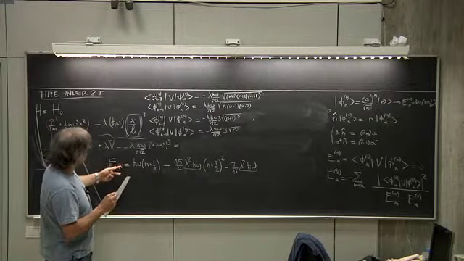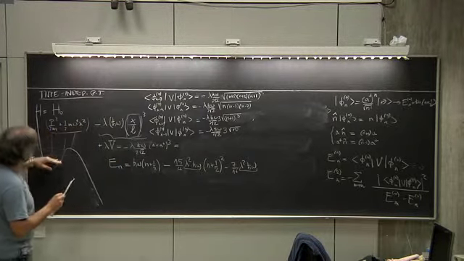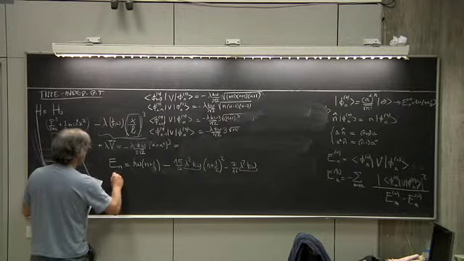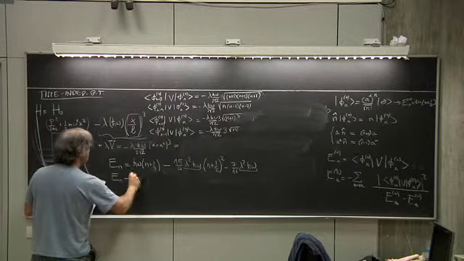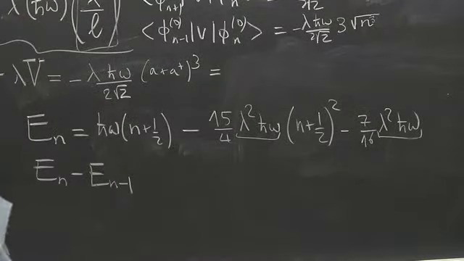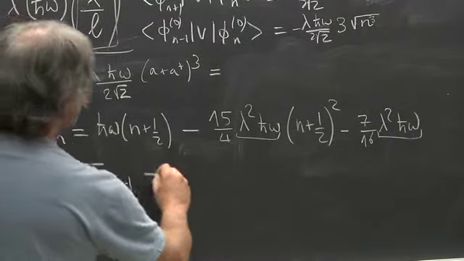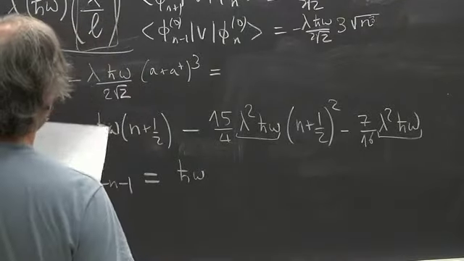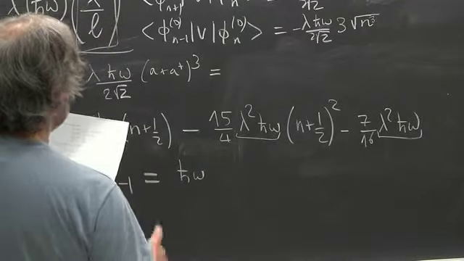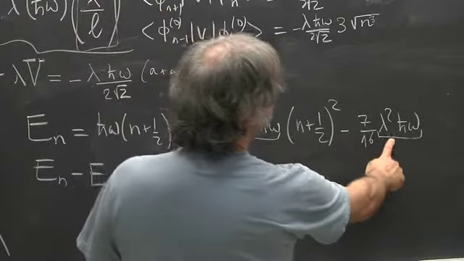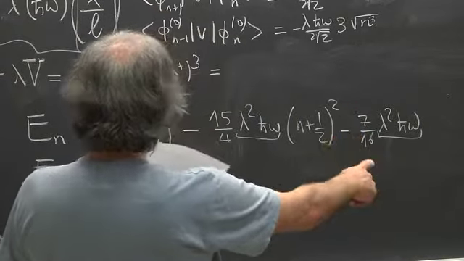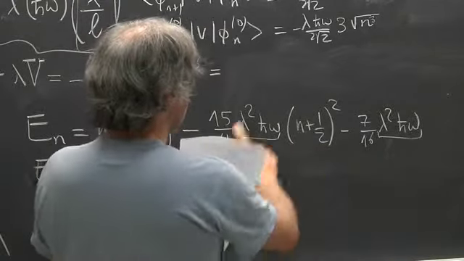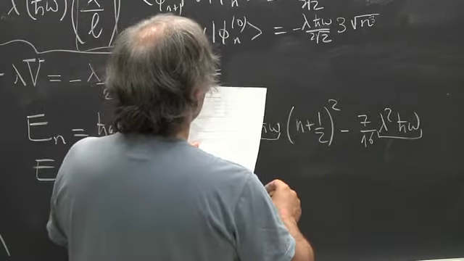Suppose that I calculate the energy difference between the level n and the level n minus 1, so En minus En minus 1. For the harmonic oscillator, it would be just h bar omega. But now this term cancels exactly because it's the same correction in the two terms.